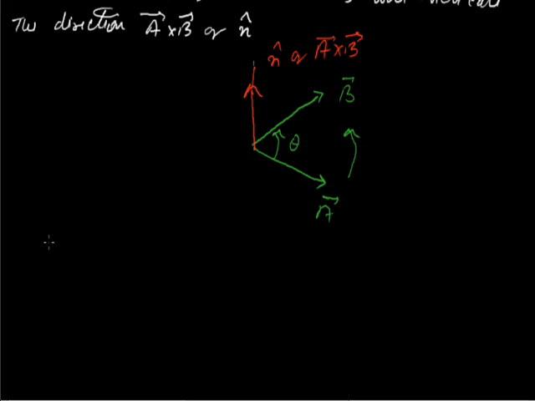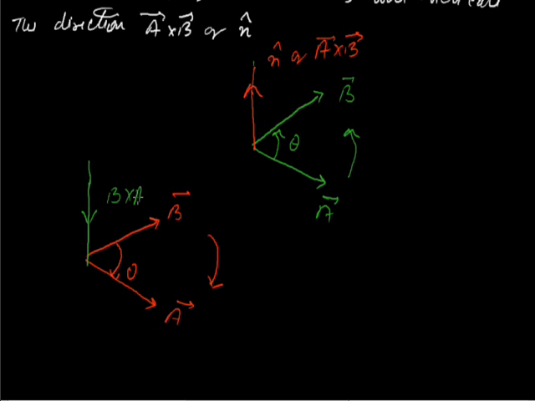If we want to find the direction of B cross A, then this one is vector B, this one is vector A, this angle is theta, the curling direction will show the direction of B cross A.